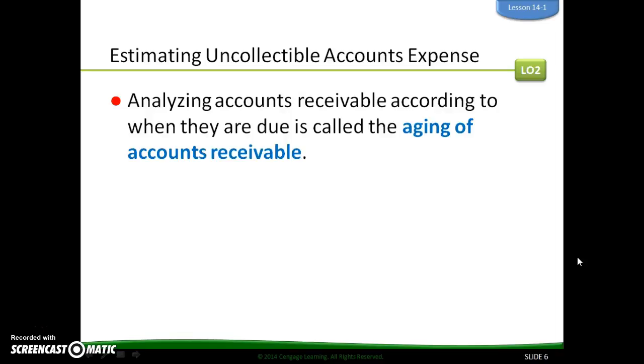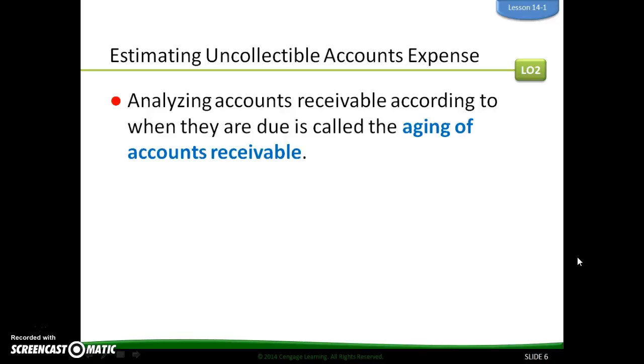So when you do that, analyzing your accounts receivable, what you do is you look at how old the accounts receivable balances are. And so you age them out and you determine, typically in bands of 30 days, this debt is less than 30 days old, this is 30 to 60, 60 to 90, 90 to 120, over 120.